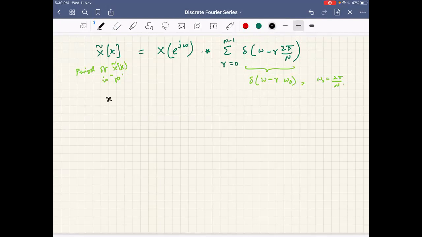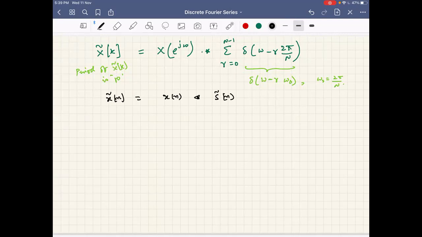Here, if we consider x tilde of n, it is obtained by x of n convolved with, let this be s tilde of n, where s tilde of n is the inverse Fourier transform of the impulse train in frequency domain.